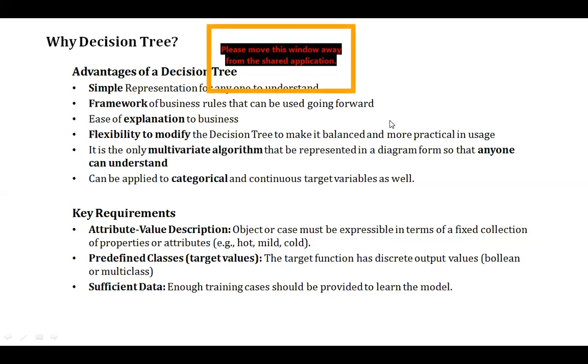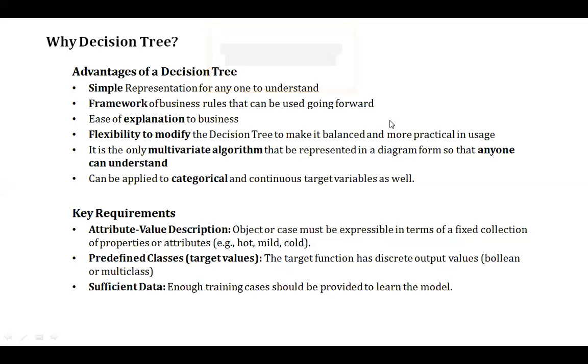If you want to classify the data, these are general categories: the climate is called hot, or mild, or cold. So based upon this attribute value description, the data set is classified, and here we can do a category classification concept also.